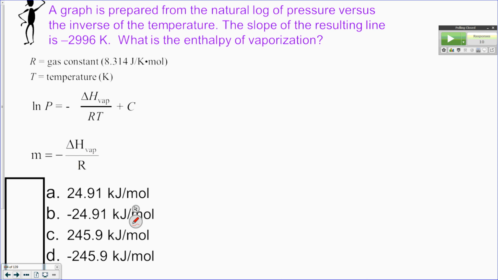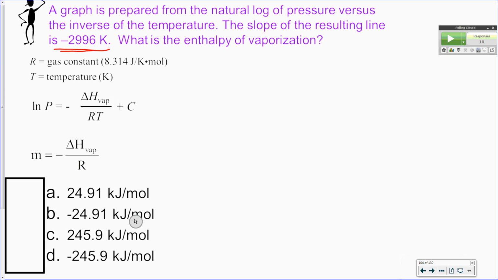You don't have time to work this problem coming in, or today, finish it up, but I'll let you look at what I'm going to ask you to do at the start of class on Wednesday. It says the graph's prepared, the natural log of vapor pressure versus the inverse of temperature. You've got the slope, and I want you to tell me what the molar heat of vaporization is. That doesn't take a minute to do, so answer this real quick. This is the same thing that we just did.